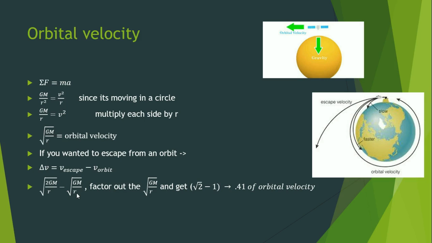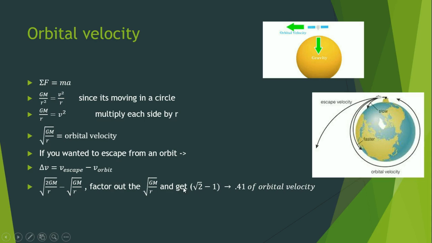We want to factor out this term, the square root of GM over r. If we do this, this one has a 2, and this one just has a 1. So we get the square root of 2 minus 1, and we keep the subtraction sign. This is the difference between the velocities here.